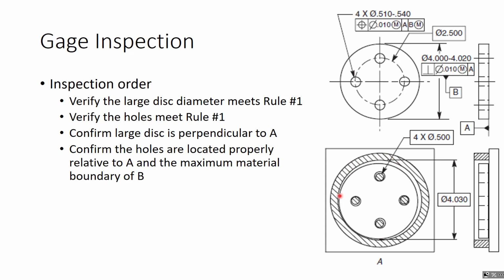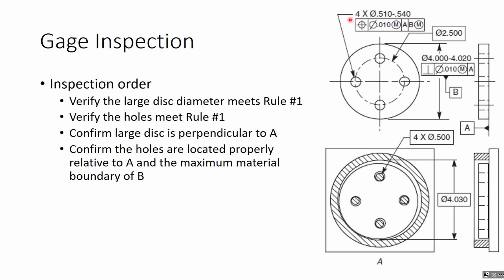So the disc has to fall within this opening of 4.03 without the pins inside here, but just the outer ring to fall within the perpendicularity variation allowed. So if it's running a little bit smaller, if it's 4, it can be further away from perpendicular. It can kind of tilt a little bit more side to side if it's smaller because it has more bonus tolerance within the gauge to inspect it.